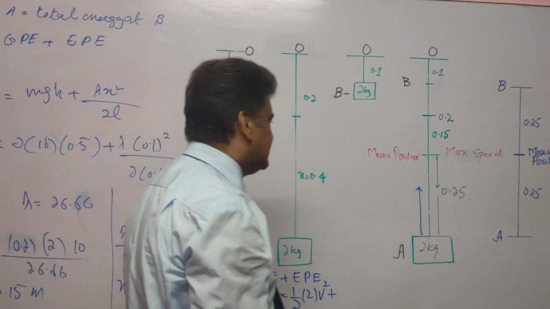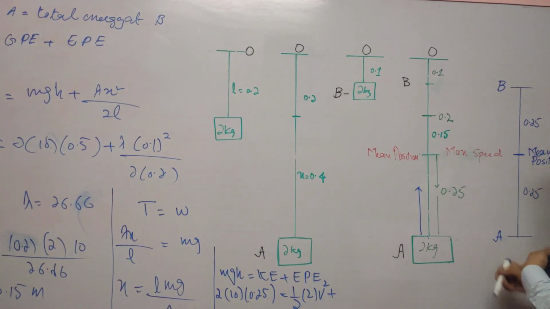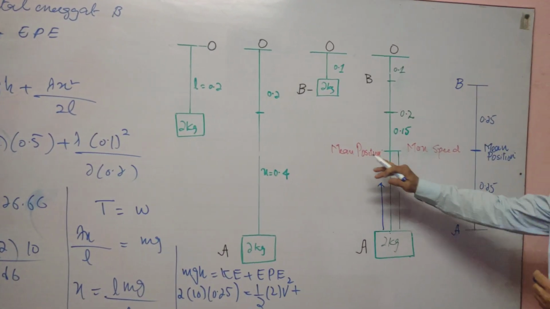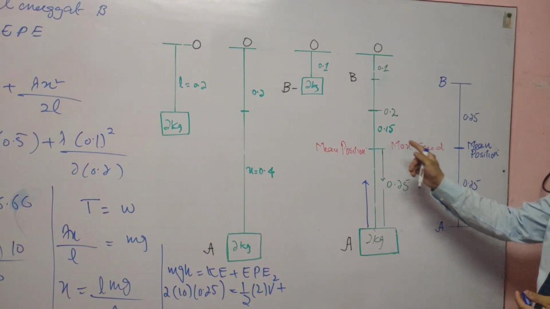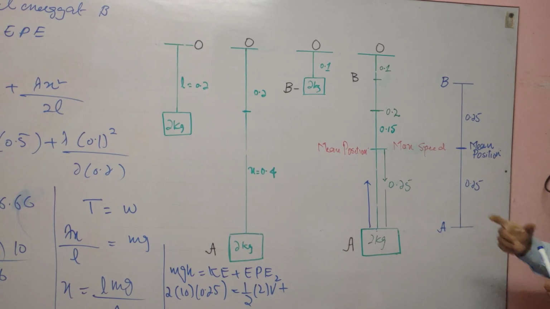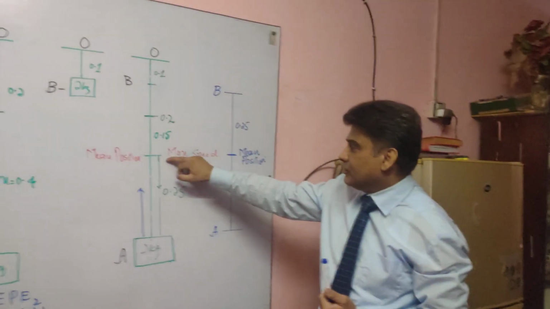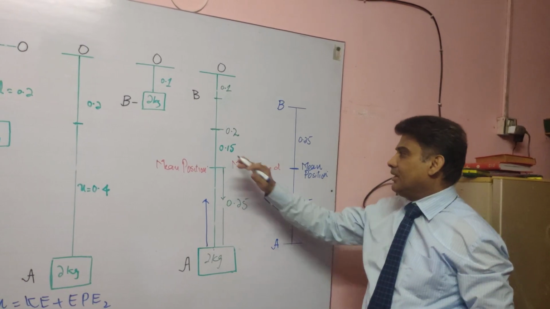For the equilibrium position, the extension of the string will be 0.15.